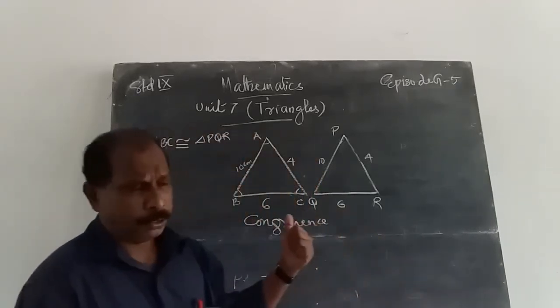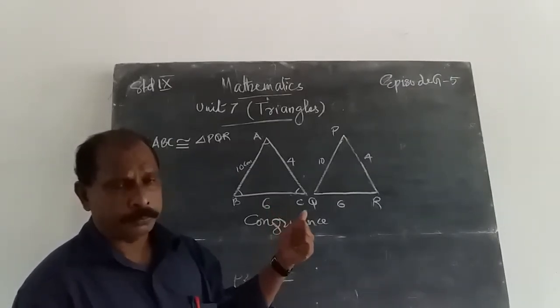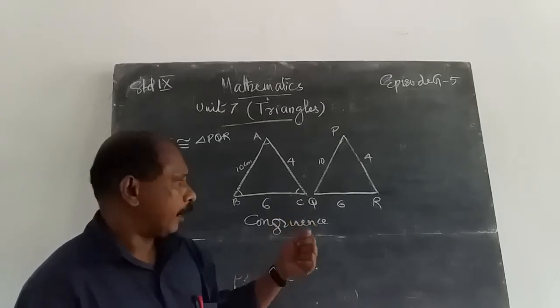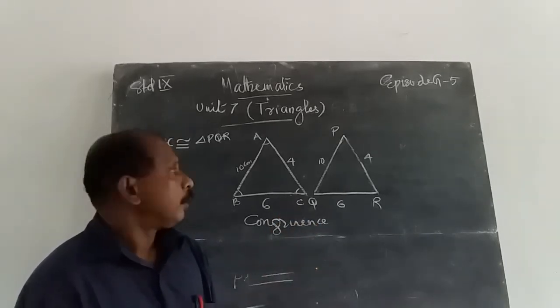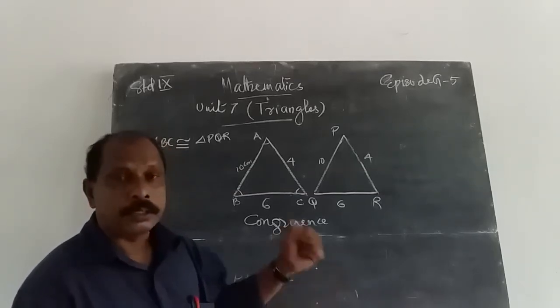For this example, ABC, PQR, angle A is equal to angle P, angle B is equal to angle Q, and angle C is equal to angle R. Therefore, AB is equal to PQ, BC is equal to QR, AC is equal to PR.